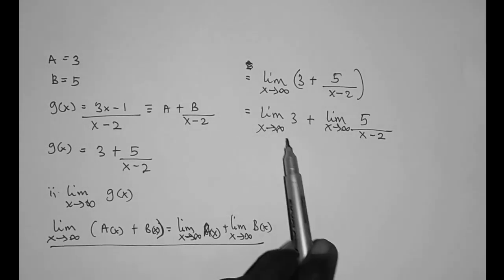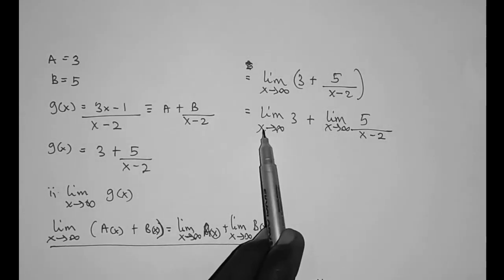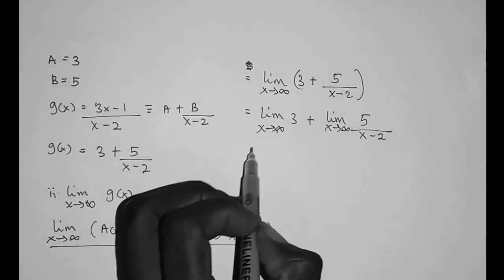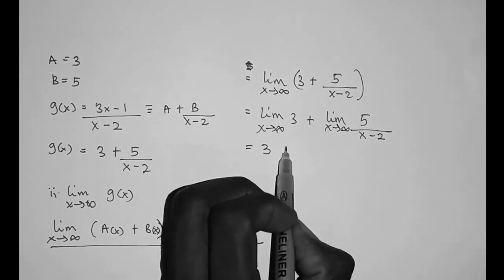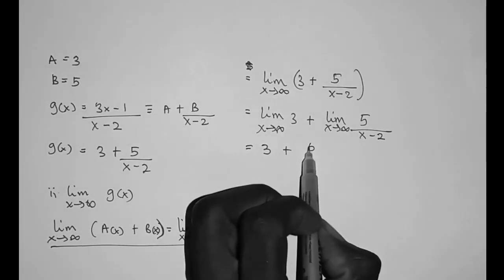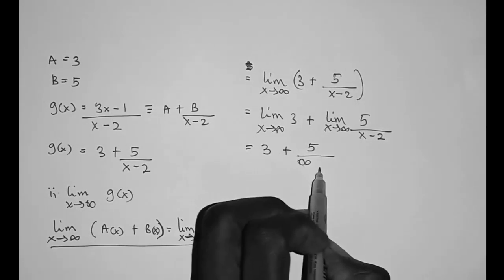Now, remember what we said. We said that the limit as x approaches infinity of a constant function is that constant. So this is equal to 3 plus, now let's substitute this, 5 over infinity minus 2.